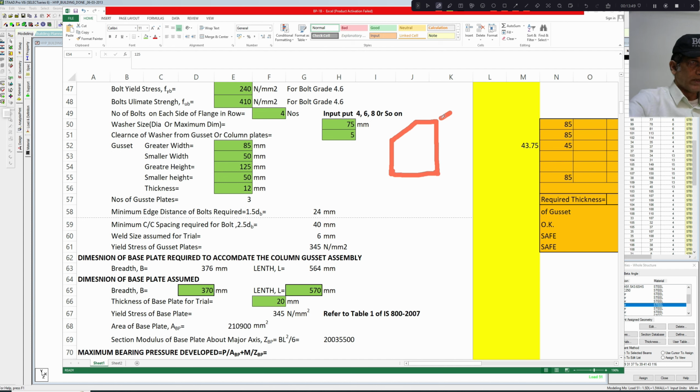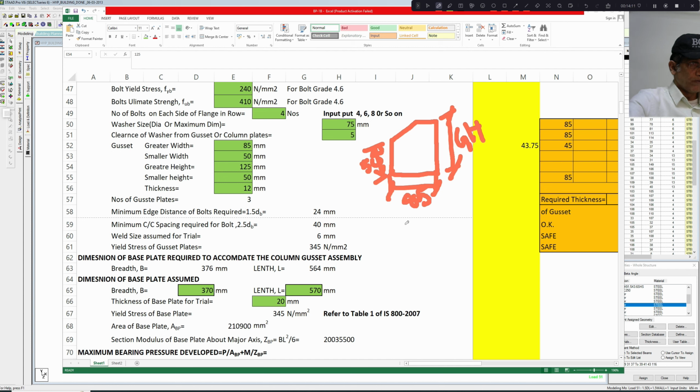This will be our gusset height, GH. This will be our smaller width, which as of now we are taking as 85 mm.